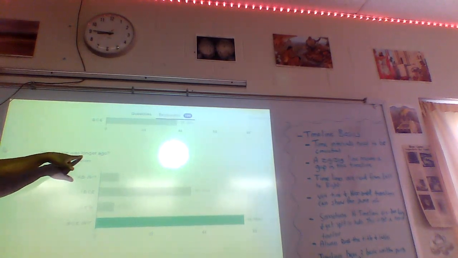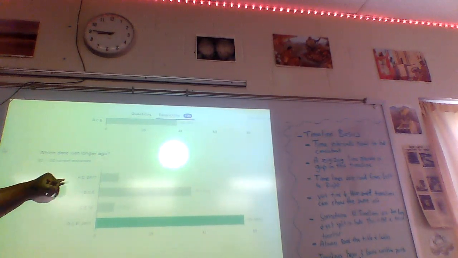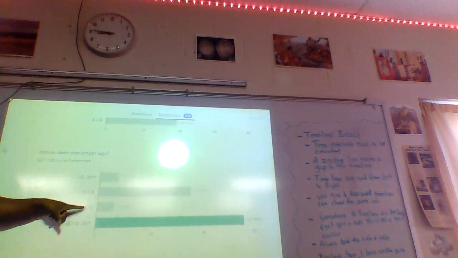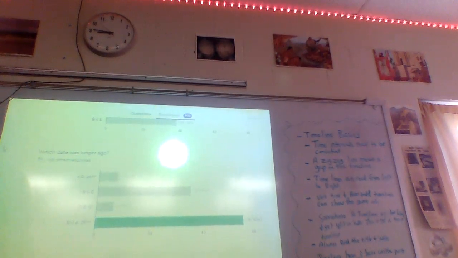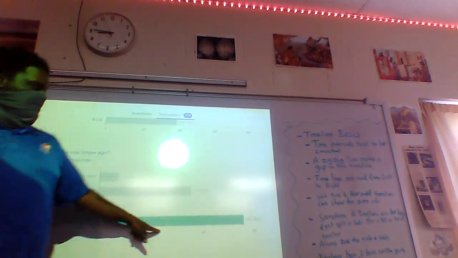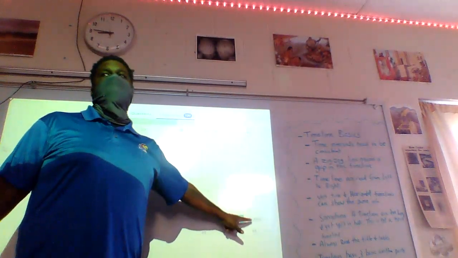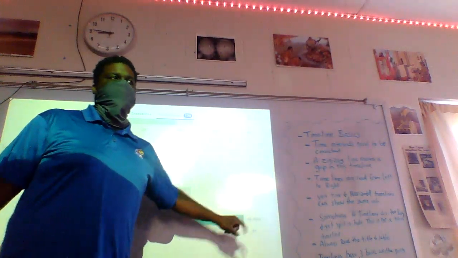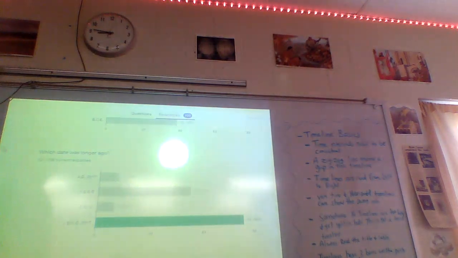And so this wants to know what was longer ago, which was the furthest away from today, right? And so we have to pay attention to our labels. 2017 was a few years ago. So looking at this, just over half of us got this right as 7th grade, just over half, okay?